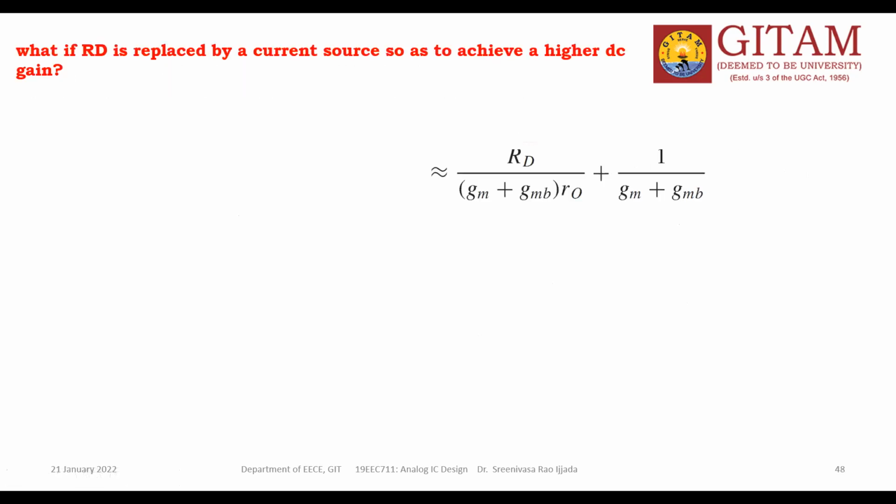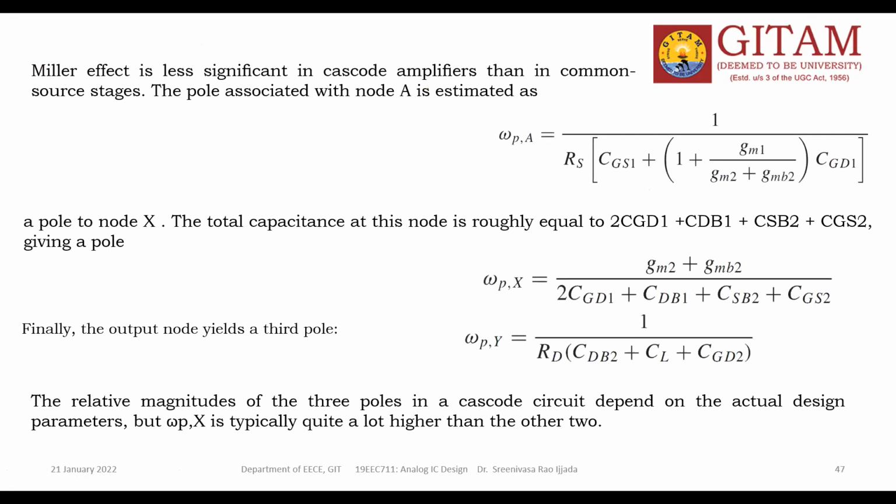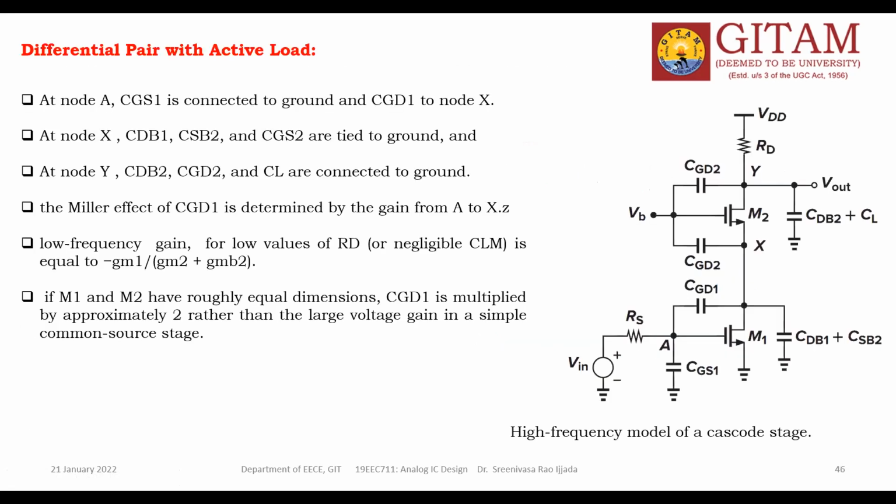What if RD is replaced by a current source, so as to achieve higher DC gain? Suppose in place of RD in the earlier circuit, a current source is applied, what happens to the poles and zeros?